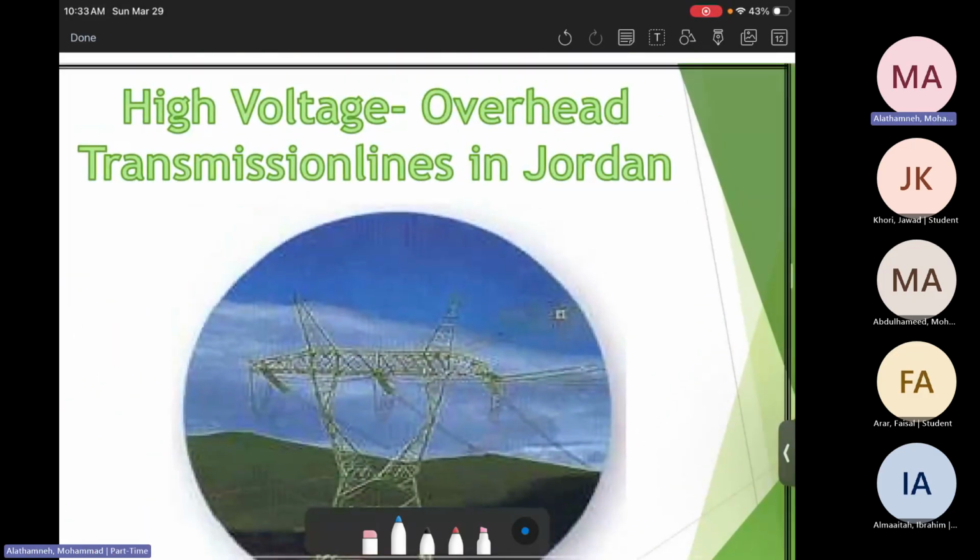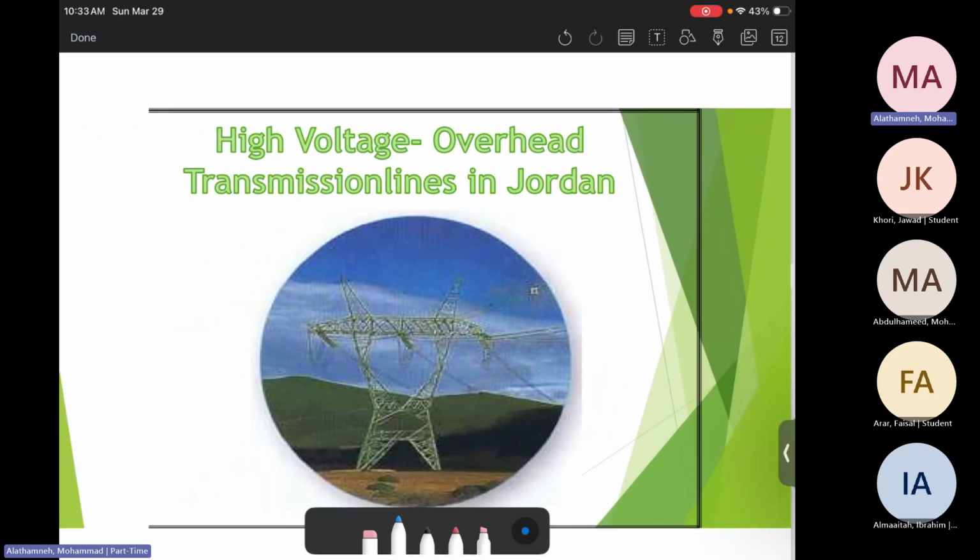Now the next thing is the second part of today's lecture, which is the high voltage overhead transmission line in Jordan. Here we're talking about the transmission line. Again, let's recall, we have transmission, which is associated with high voltage and extra high voltage.